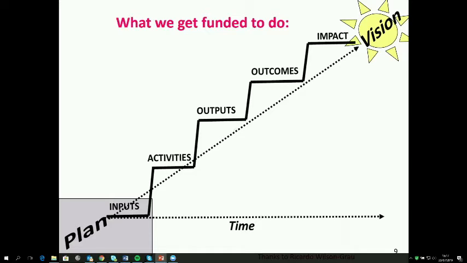We have an idea of what we'd like to get to, and we have an idea of what we think will get us there as well. This set of inputs and activities, we have a sense of what outputs and what outcomes that will achieve. We've made some sense of this logical chain.